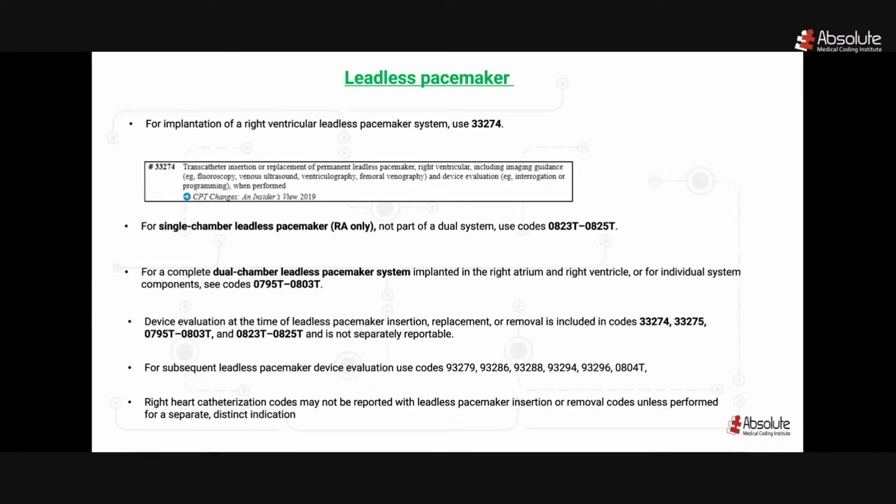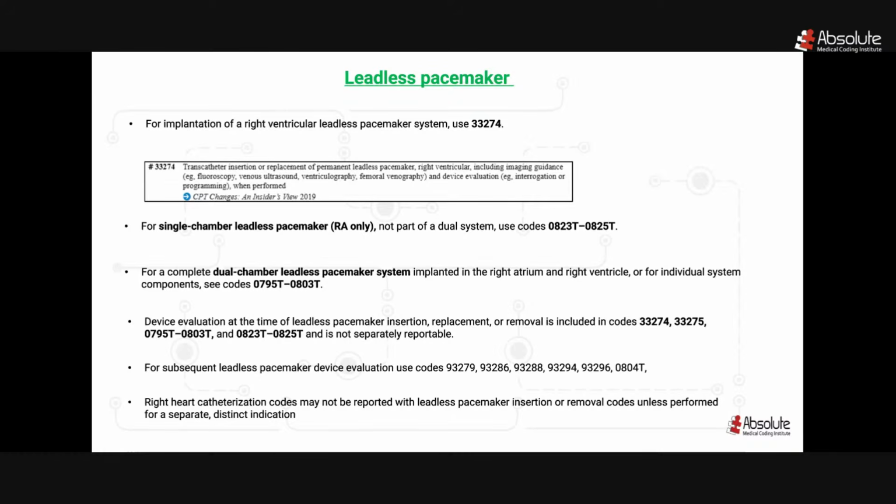Device evaluation at the time of leadless pacemaker insertion, replacement, or removal is included in codes 33274, 33275, 0795T through 0803T, and 0823T through 0825T, and it is not separately reportable.